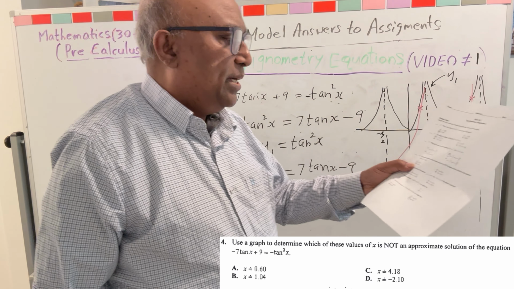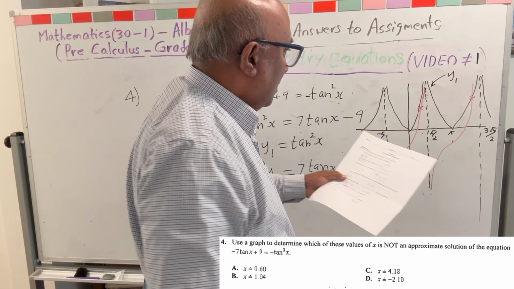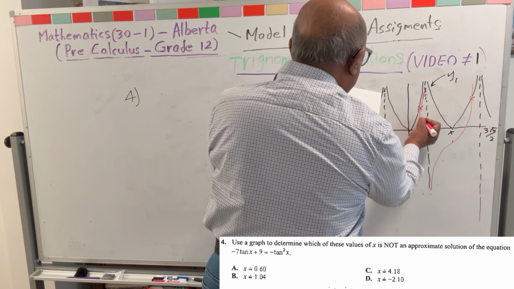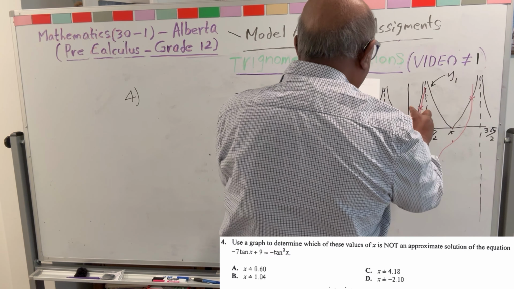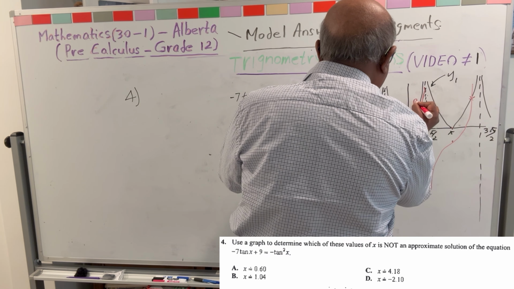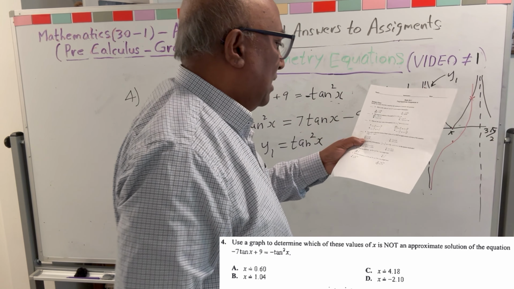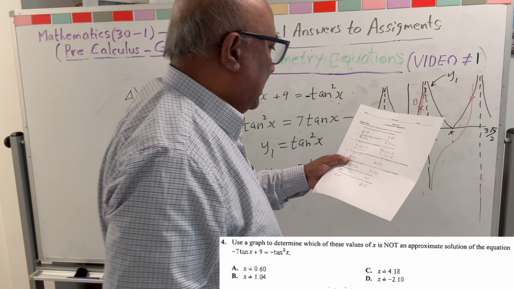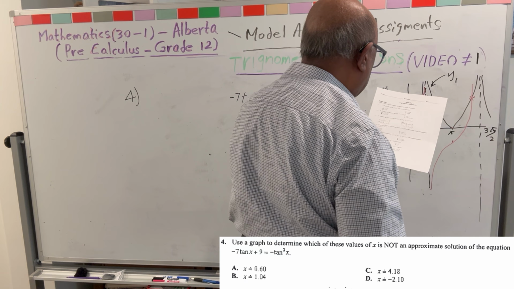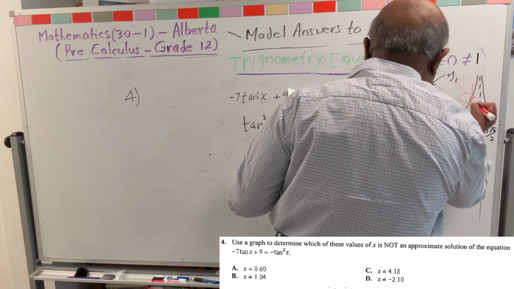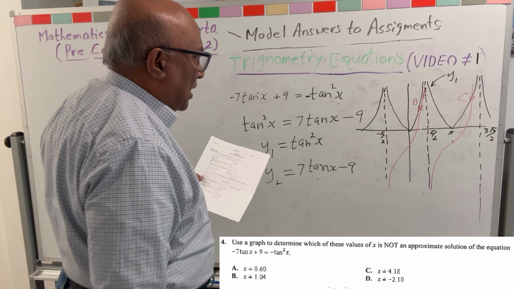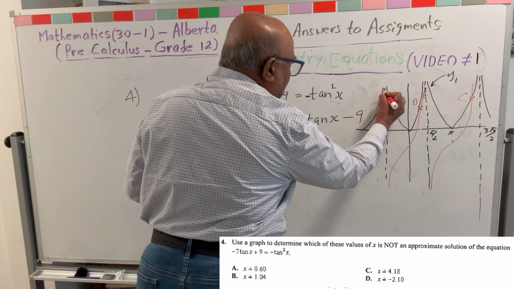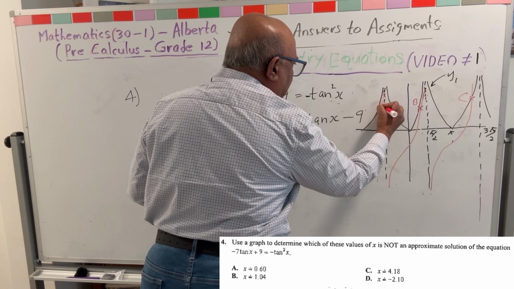If you look at options A, B, C, D, this looks like option A. Sorry, this looks like option B. B is there, C is there, this looks like C. Then there should be a minus value for the other one. That should be like this.